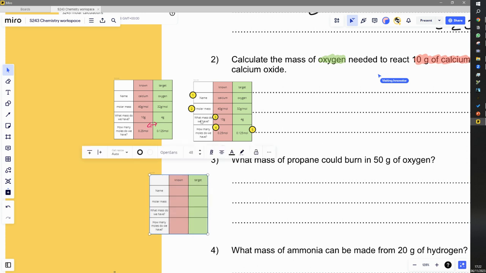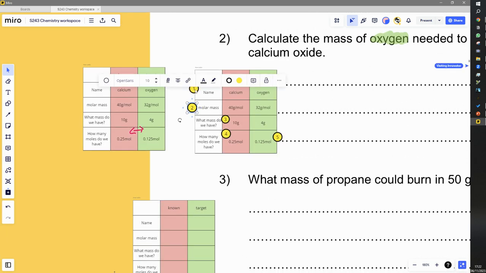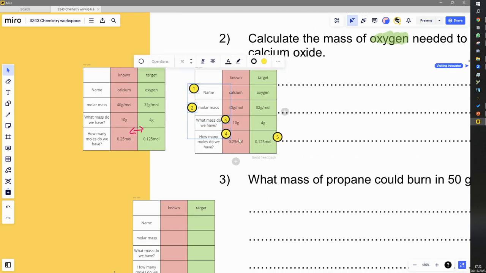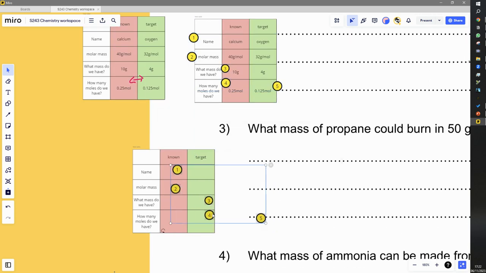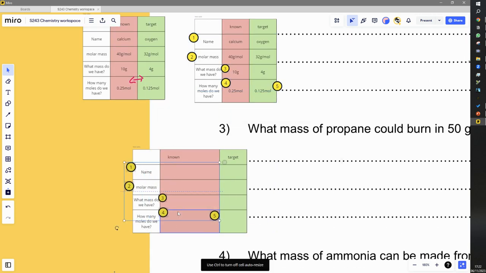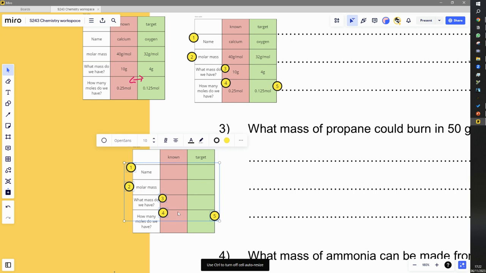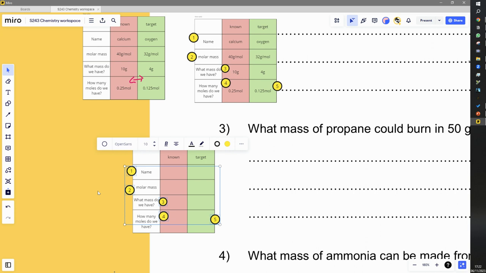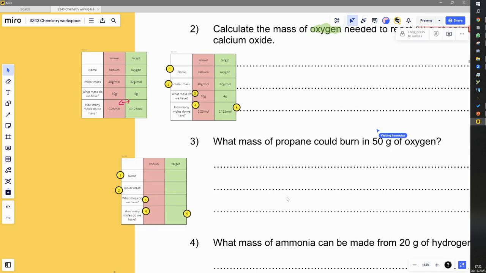We're going to use these numbers. So I'm going to just copy all these numbers. We're going to do the same thing. So the first thing we do is we identify what the substances are. What's the known substance? What's the target substance?